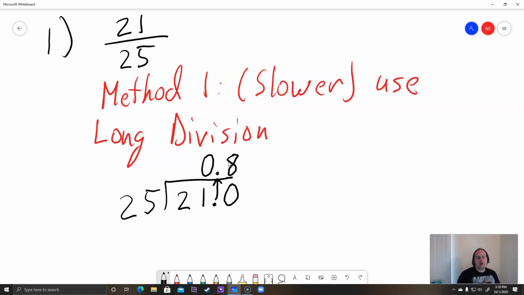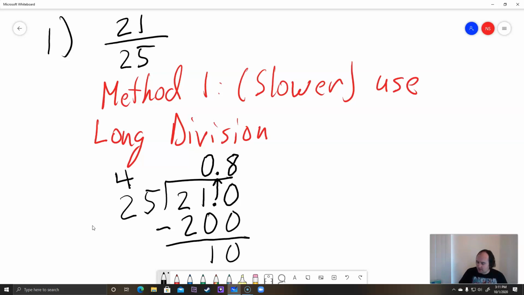Then we multiply 8 times 25. 8 times 5 is 40. Carry the 4. 8 times 2 is 16, plus 4 is 20. So we get 210 minus 200. Subtracting there, we end up just getting 10.